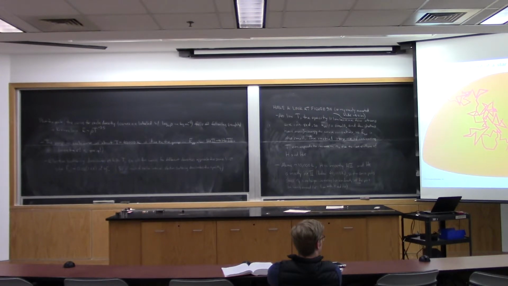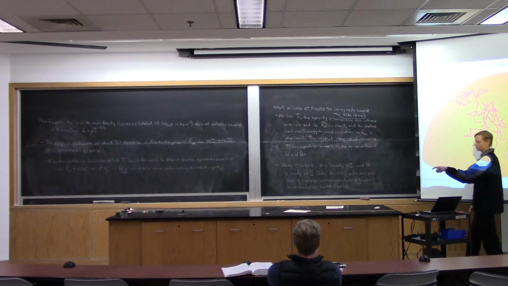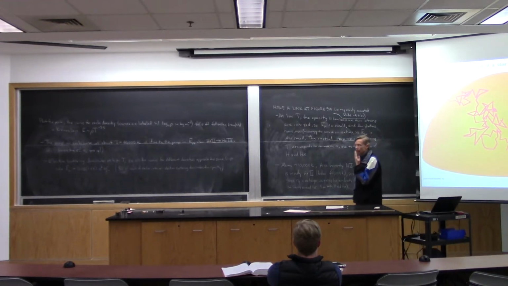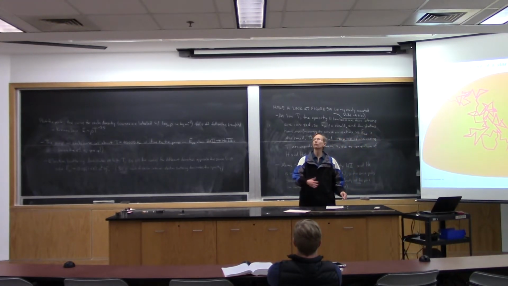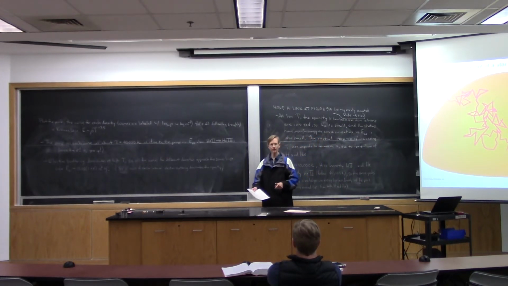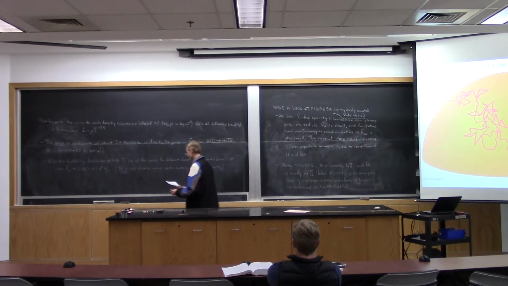In other words, on average, for me to go 10 steps forward or 10 steps backward, I would need about 100 coin flips to do that. To go 100 steps forward or back, on average, it would take 10,000 coin flips to do that. So let's derive that result.